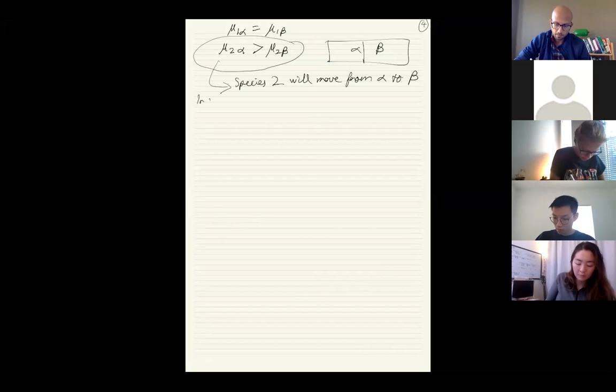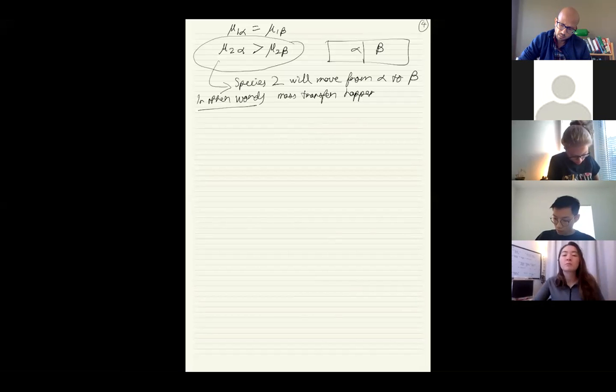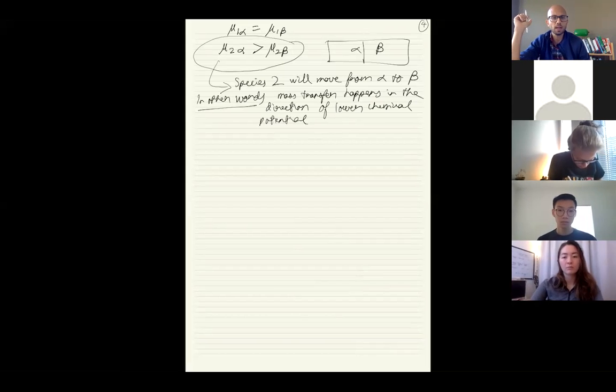In other words, mass transfer happens in the direction of lower chemical potential. And that is why we call it chemical potential. That is something which should not be profound to any of us, right? You are more likely to be sitting than jumping up in the air.